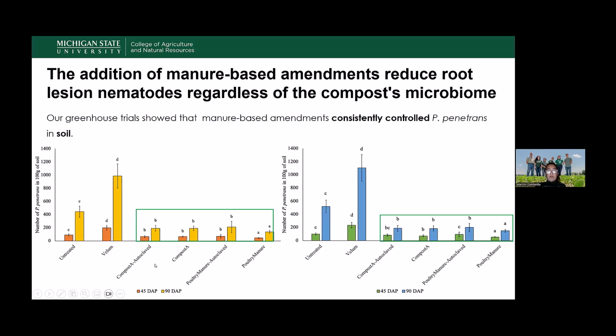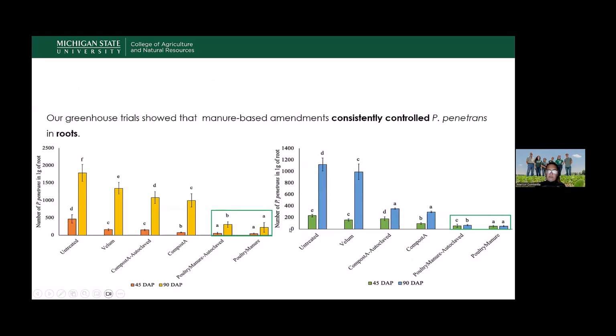But you can also see that the autoclaved poultry manure, in general, was about similar to the non-autoclaved, in both experiments right there. So autoclave versus not autoclave, not much different.